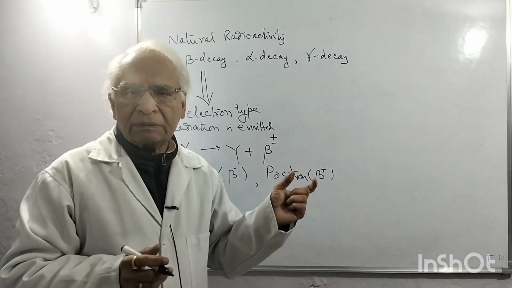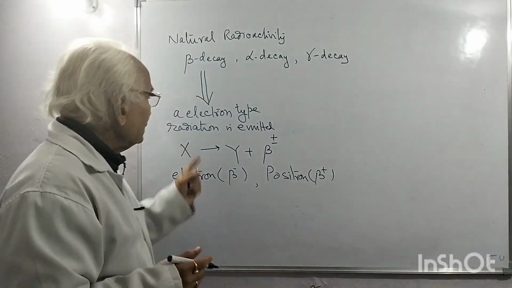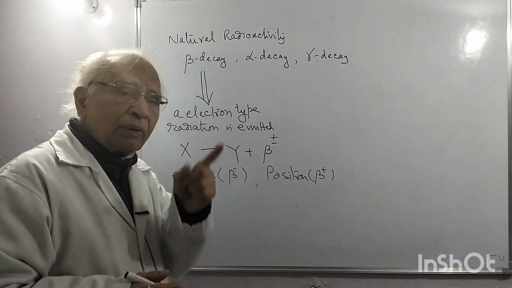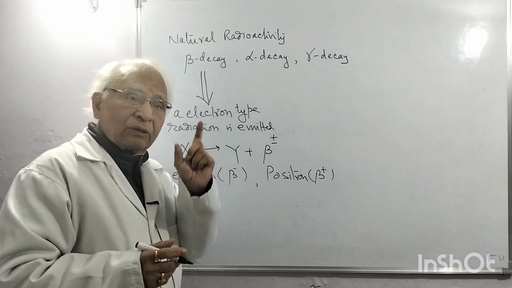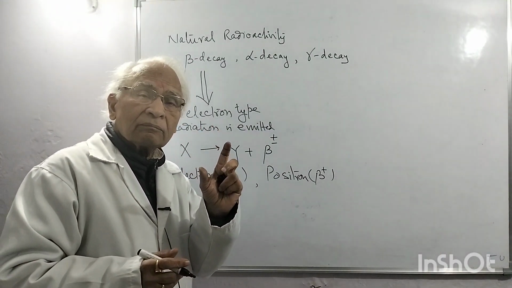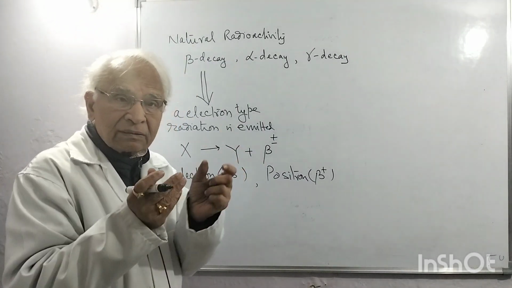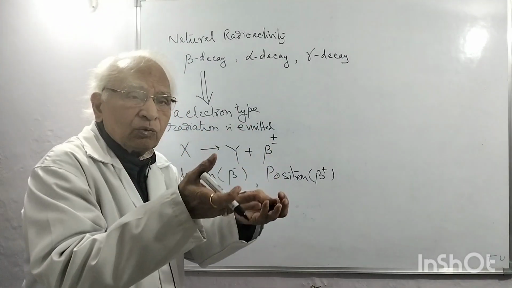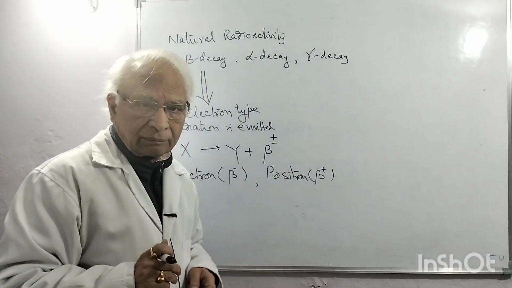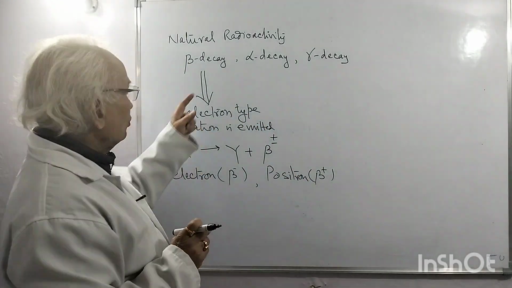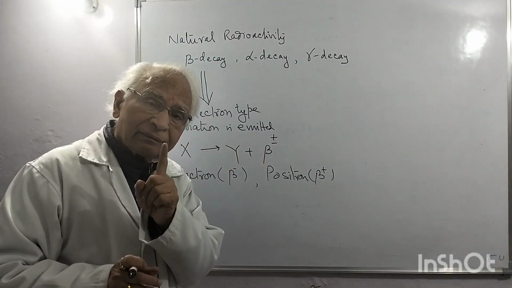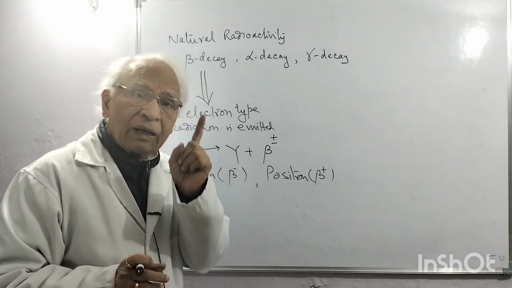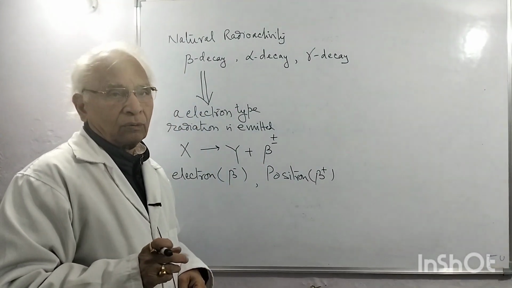I am not discussing those processes. So beta decay is not an atomic phenomenon, because atomic electrons are bound. Bound means they require some energy to make the electron free from the atom. So the beta decay phenomenon cannot be an atomic emission of electron.